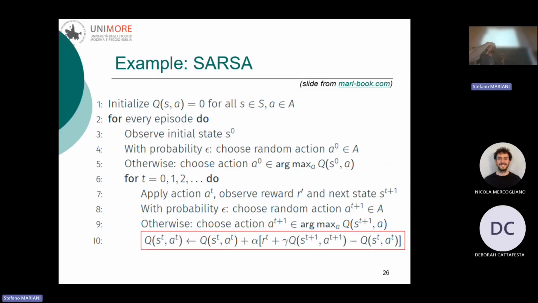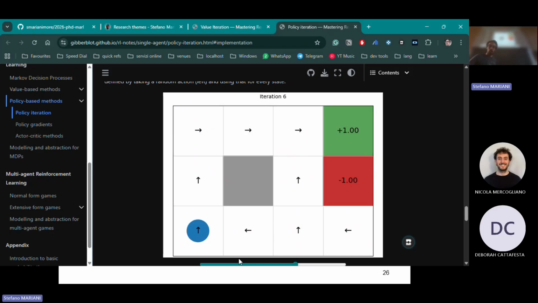We actually need to experience the future. So we need to let our agent, in our example here the blue dot, move in the environment. Only when the blue dot gets here or here, I can start reasoning about giving a value to all the states and actions I did up to that point.